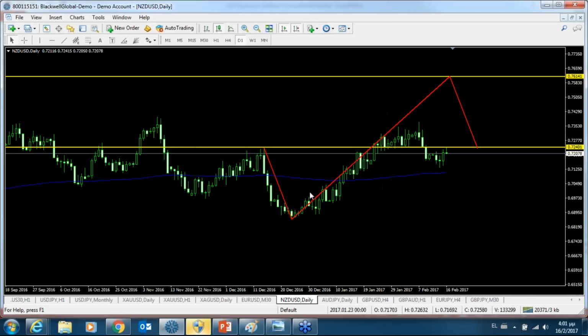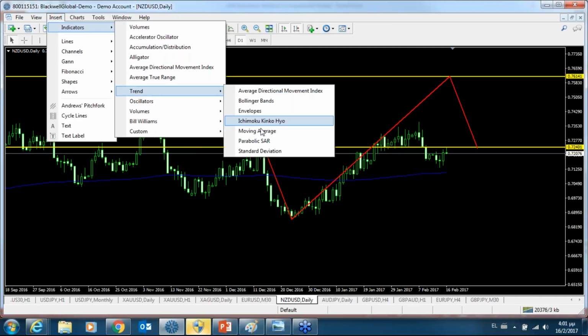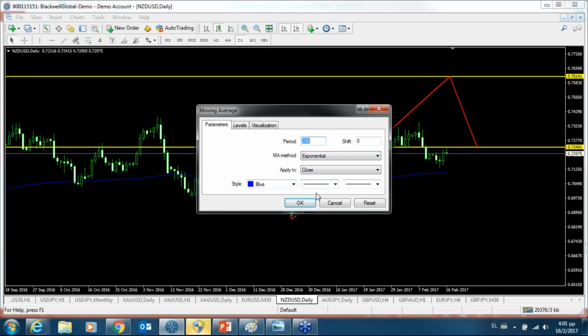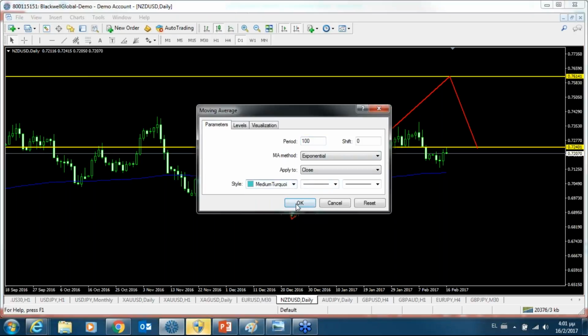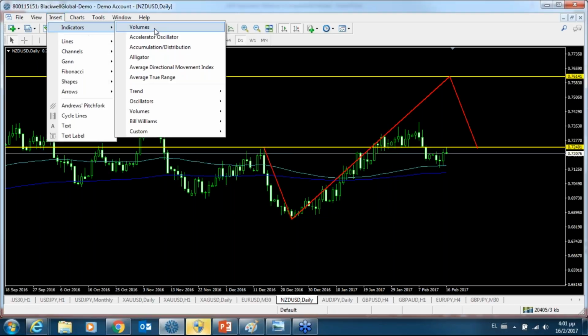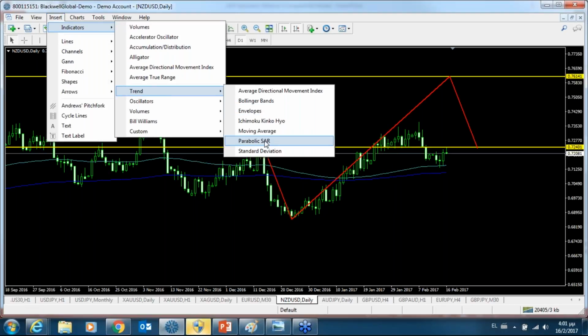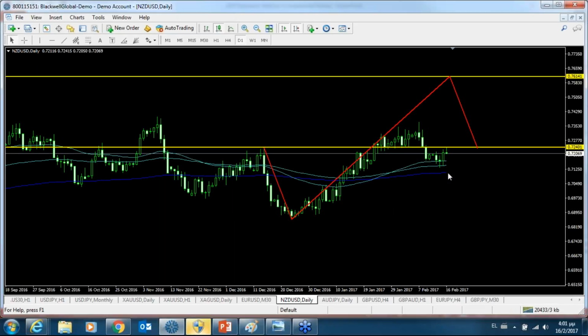Here, indicators, trend, moving average, the 200, and then you put in your 100 exponential moving average, change the color. So you've got your 100, your 200, and your last one, your 50 moving average, and you apply that. You've got 200, 100, 50.